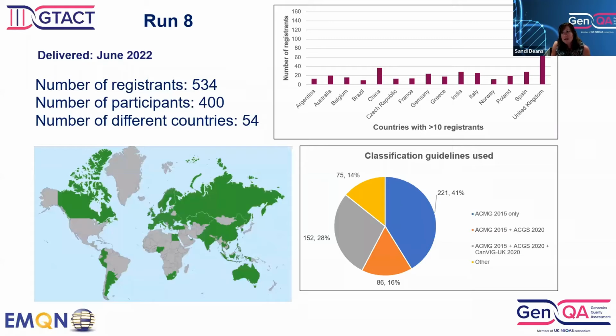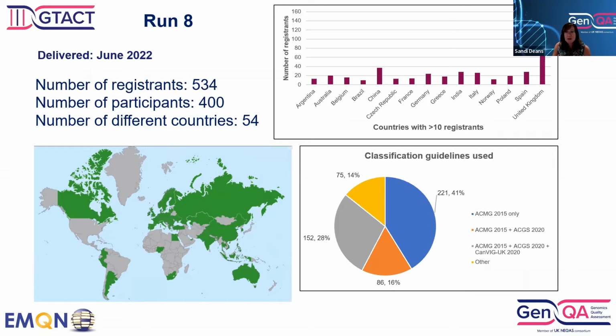One of the other things that's very important to look at is the classification guidelines that are being used. This is a snapshot of what was used in Run 8. You can see here that the majority are still predominantly using the ACMG 2015 guidelines alone as a standalone document and point of reference.